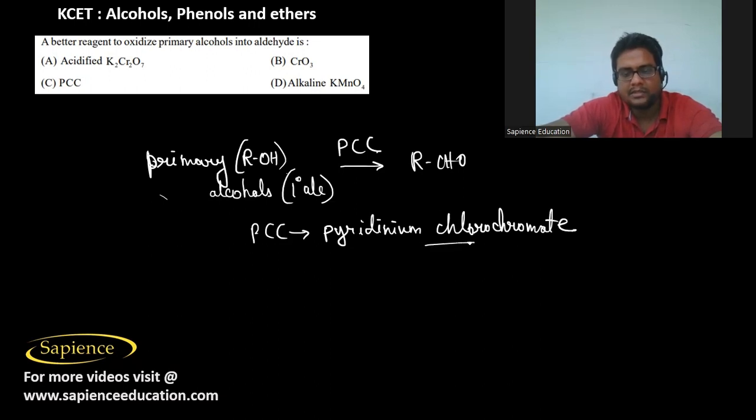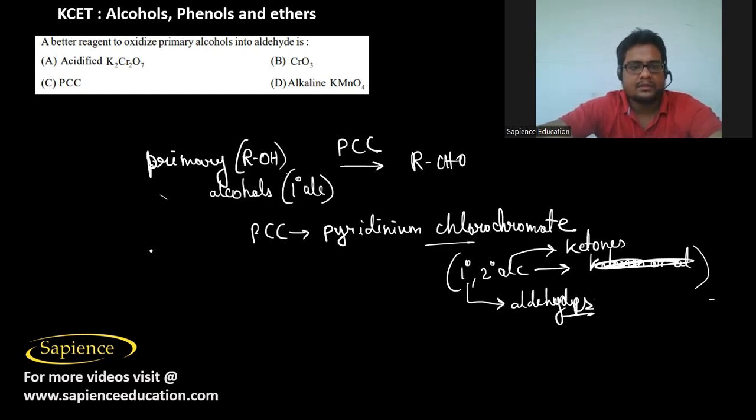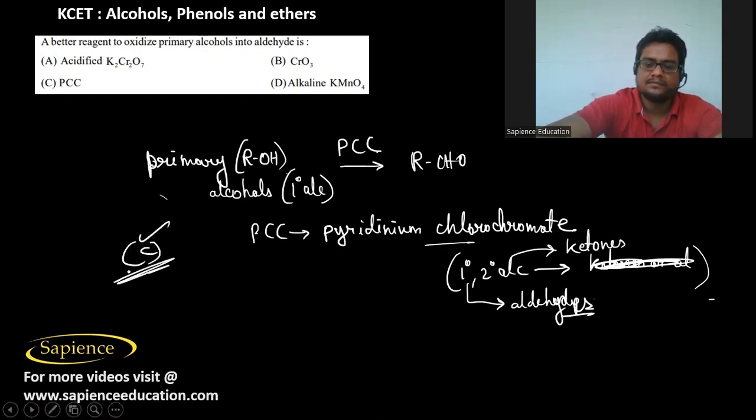So PCC is used to oxidize 1 degree alcohols to aldehydes, and 2 degree alcohols will be oxidized to ketones. So hence option C is the correct answer.